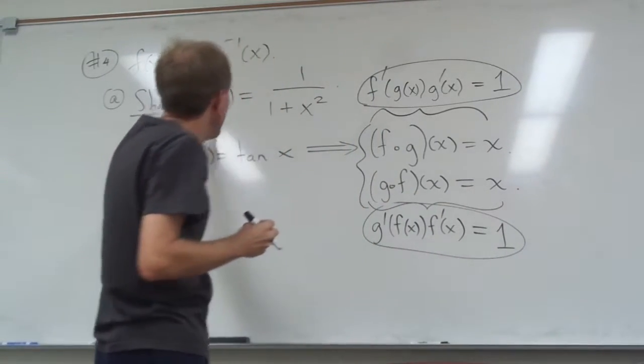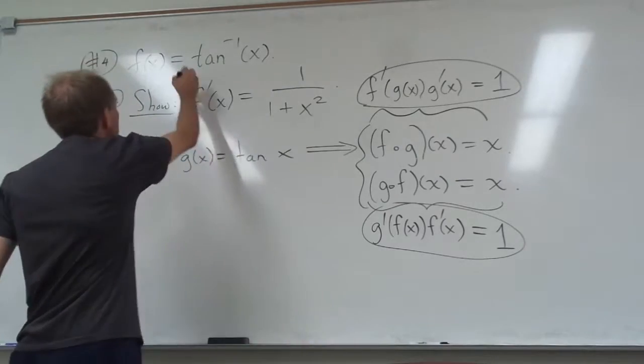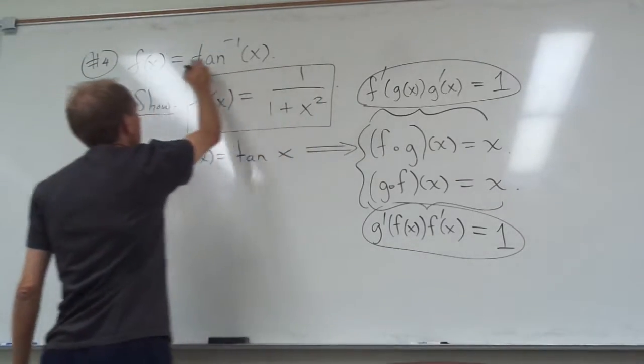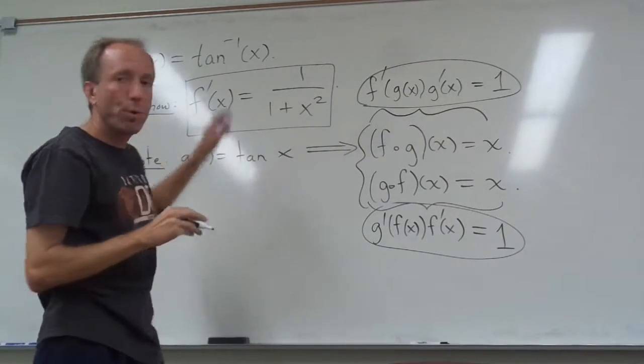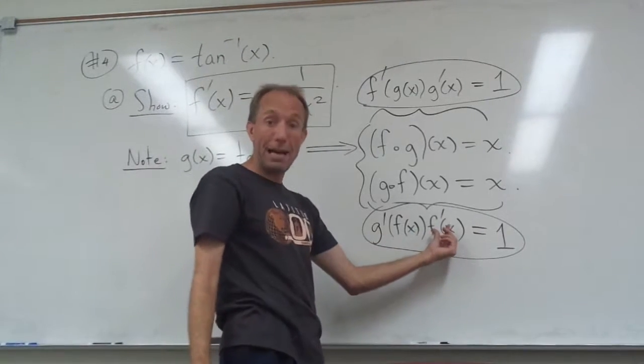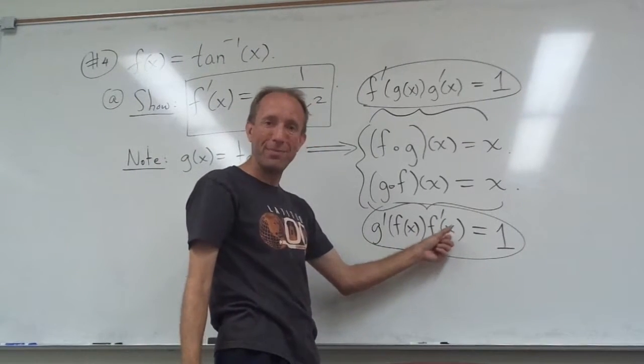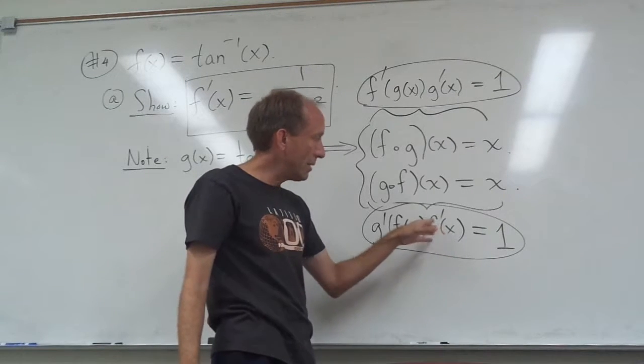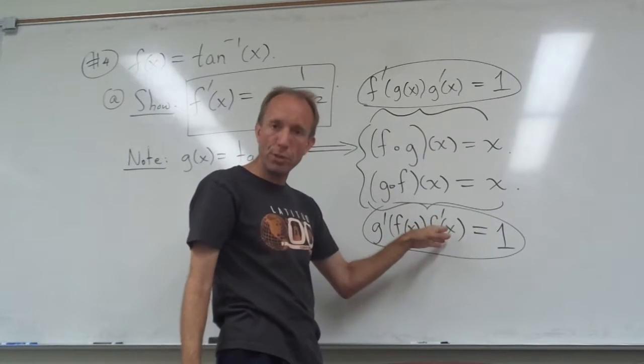Well, you have to look at what you're trying to show. You're trying to come up with a formula for f prime of x, and I explicitly have f prime of x right here, so it makes sense that we might use this one.